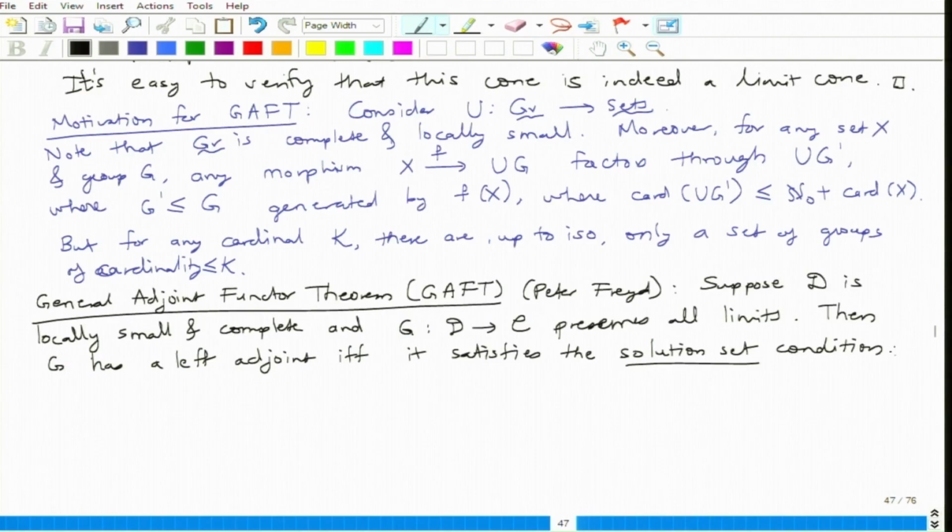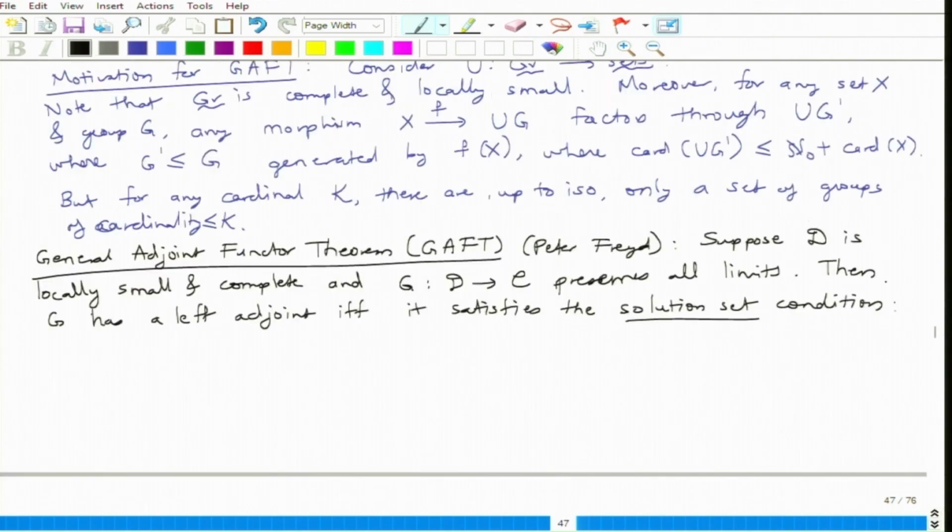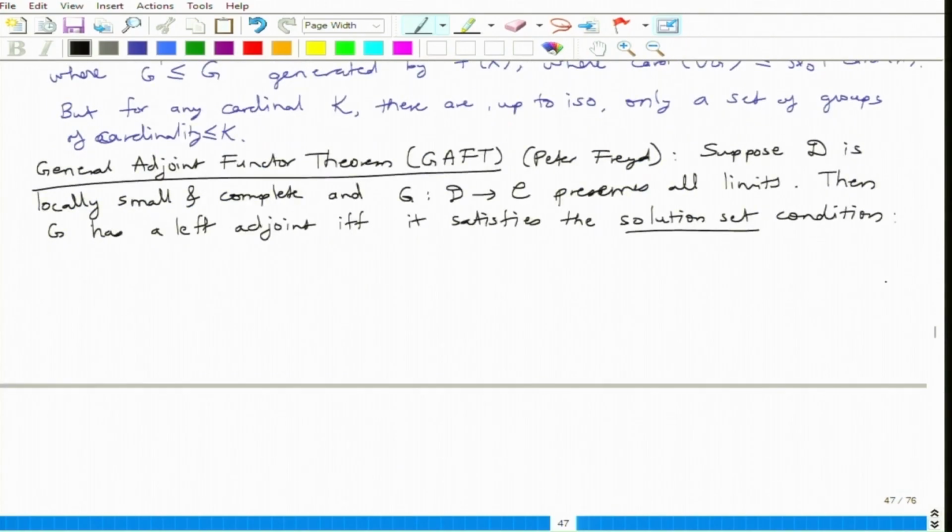Now I have to state what the solution set condition is. It's simple to state. For any A, where is A coming from? An object of C. For any A, there is a set. Normally I write round brackets, but here I am going to write curly brackets because I want to denote it's a set.